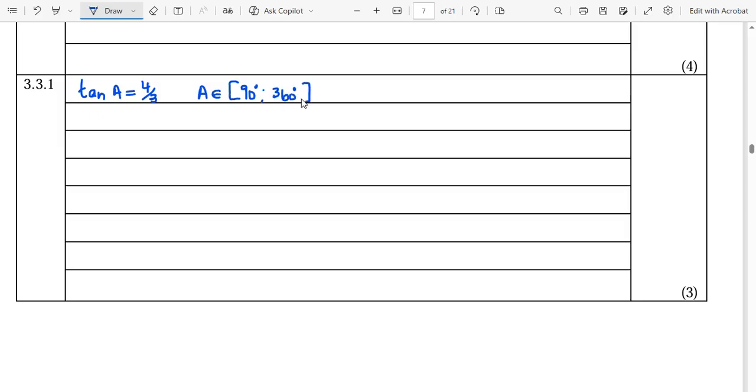Let me draw the diagram and see which quadrant we need to work on. If this is 0 degrees, this is 90, 180 and 270 degrees. I'll put a tick in that quadrant, a tick in this quadrant, and a tick in that quadrant, for the interval.